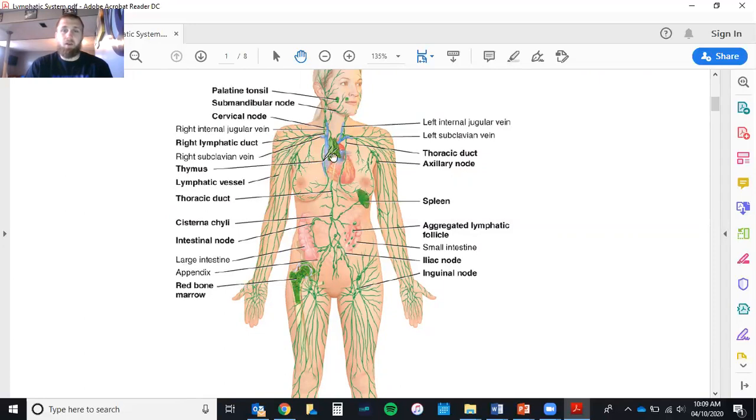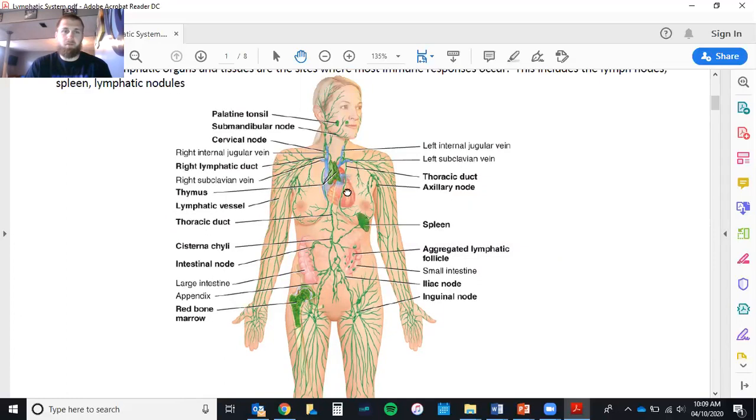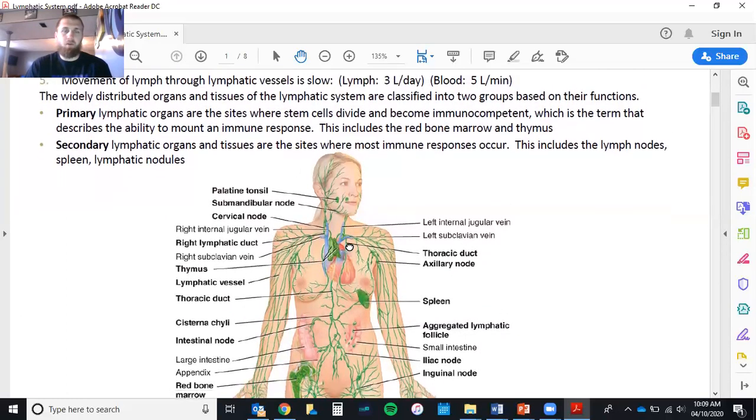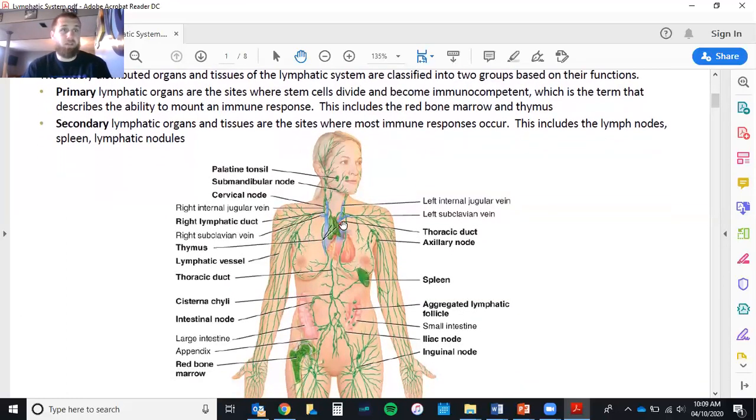And then an organ that we talked about a few lectures back in the endocrine system, the thymus. Those are where the lymphocytes become mature, kind of like soldiers. As I mentioned, they're the soldiers of the body.